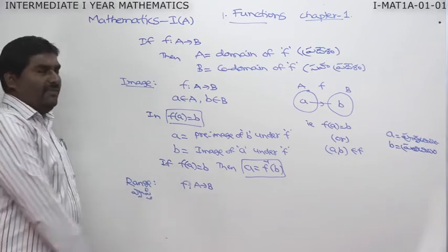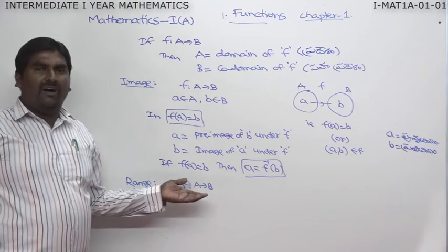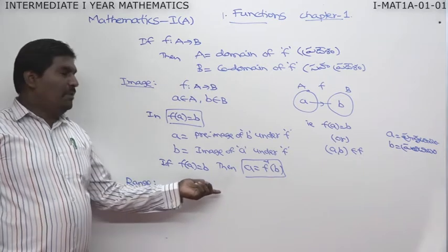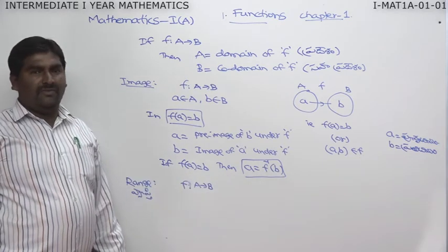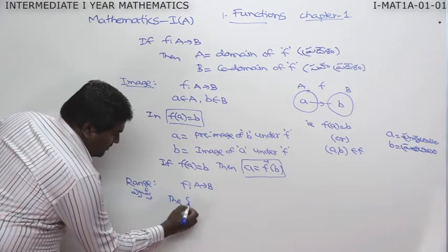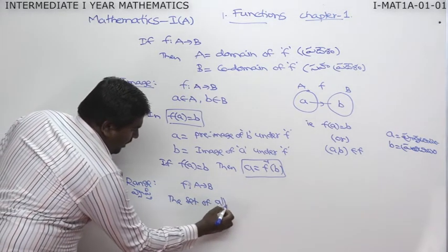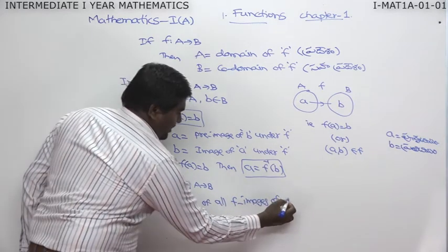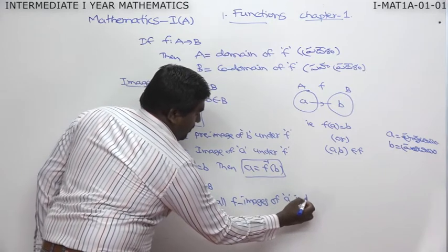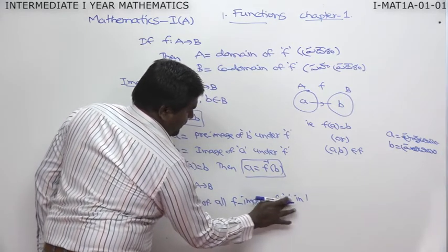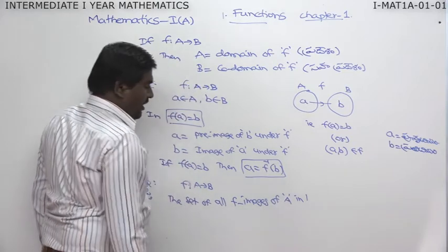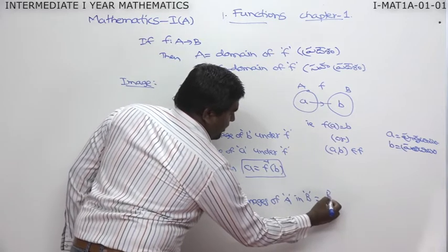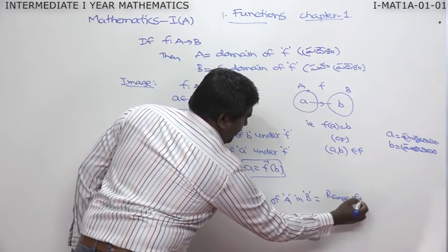The range of f is defined as the set of all f images of a in B, is called the range of f.